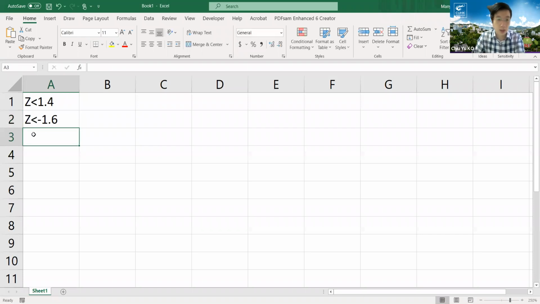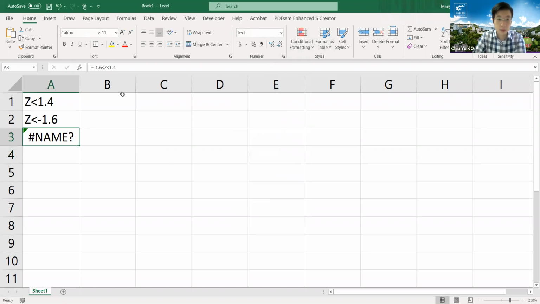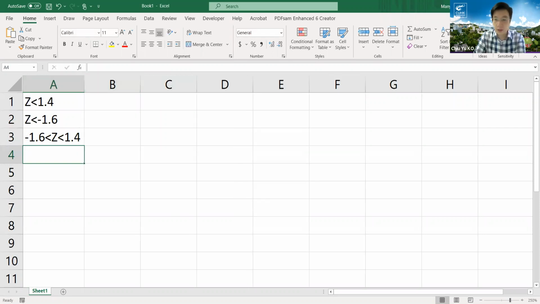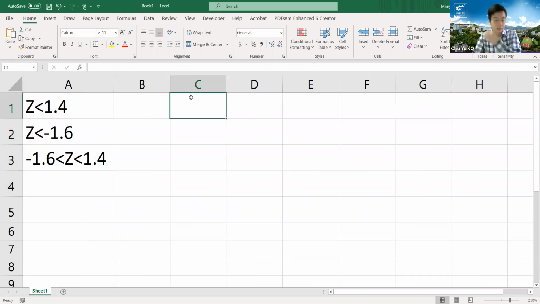And this is negative 1.6, Z and 1.4. Maybe I should make it bigger. Okay, I hope you can see it.